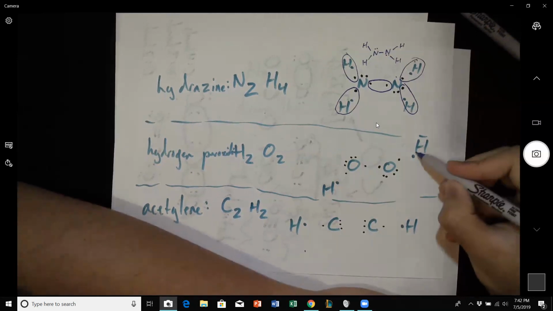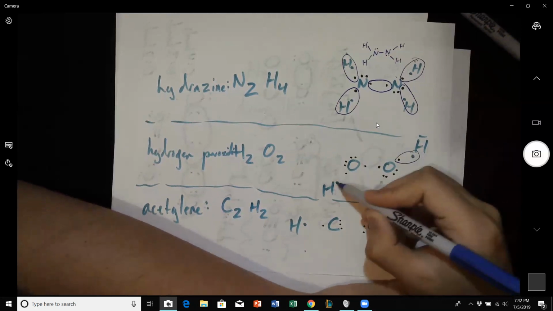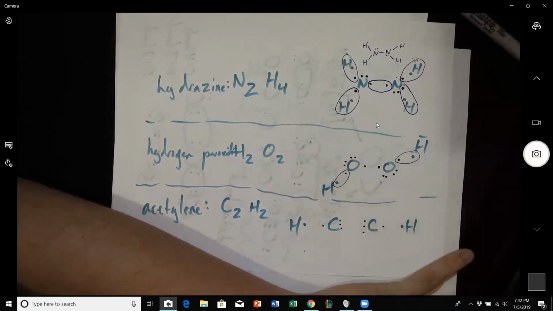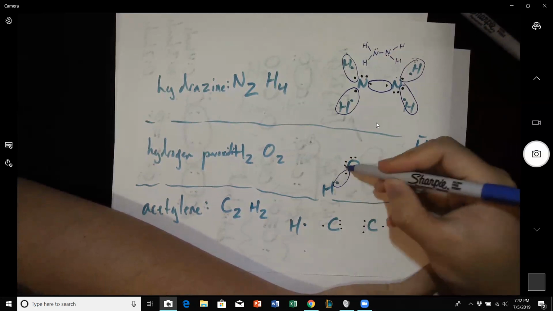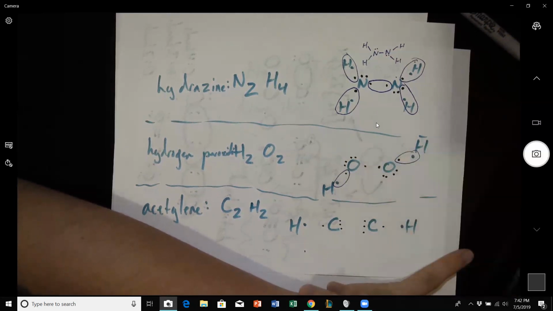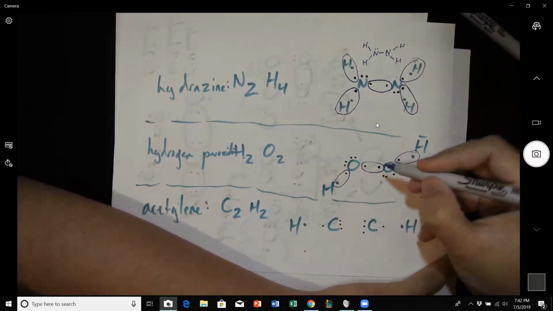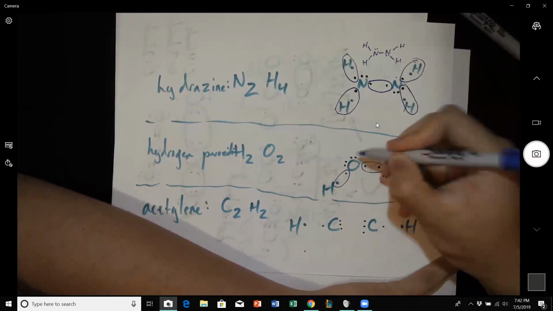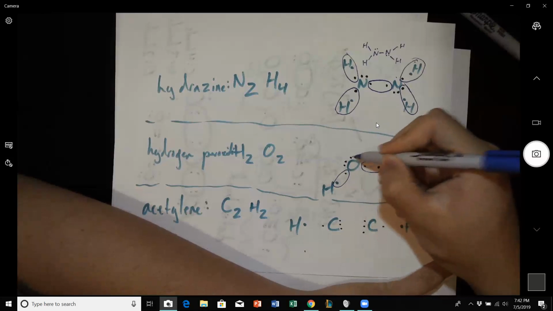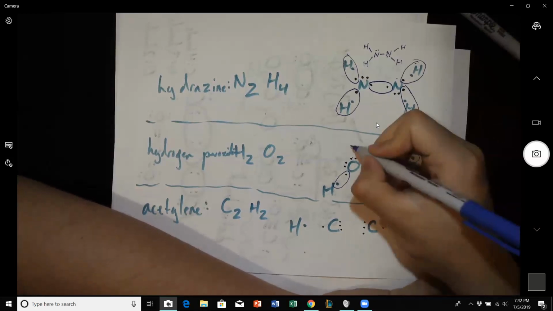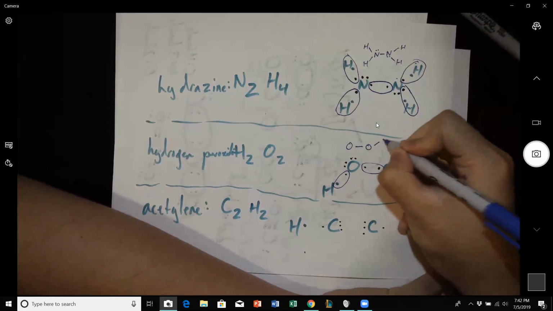So again, we can form the bonds between the hydrogens and the oxygens. And as you can see, we have 1, 2, 3, 4, 5, 6, 7 electrons. So we're missing 1. So we'll form a single bond here. So now each oxygen has 8 electrons. So we'll draw this like this.